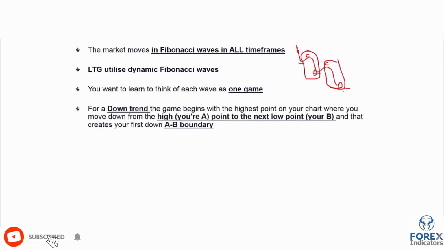For a downtrend, the game begins with the highest point on your chart, where you move down from the high, your A point, to the next low point, your B, and that creates your first down AB boundary.